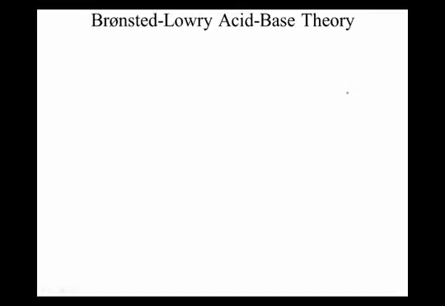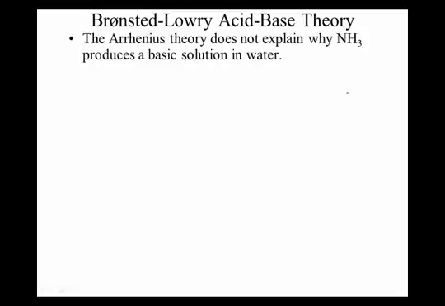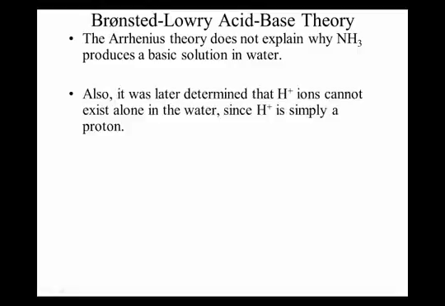So that being said, there's a bit of a problem with this theory. It doesn't really explain why ammonia is a base. There's also a problem when we think about H+. When we think about neutral hydrogen that doesn't have a charge, what is hydrogen made up of?